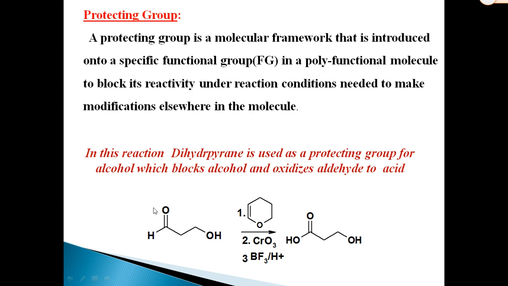Here we are modifying this aldehyde group into the carboxylic group. This is called the protecting group. In this reaction, dihydropyran is used as a protecting group for alcohol to block the activity of alcohol and oxidize the aldehyde to the acid. Here BF3 and H positive, this reagent is used for the deprotection of alcohol.